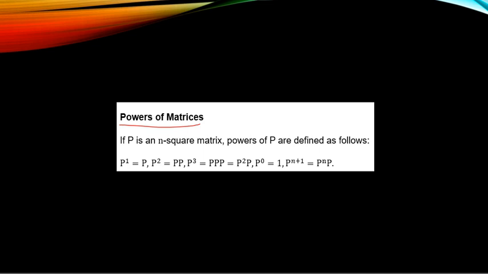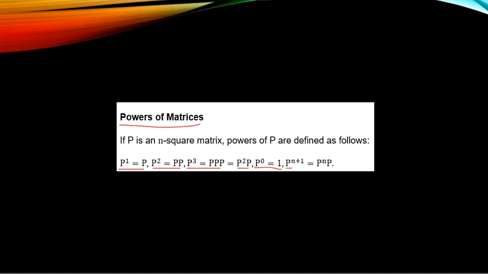So P power 1, any base number power 1 remains the same. P power 2, that is P squared, simply means multiply matrix P by itself. P cube is triple multiplication, or you can also use P squared times P. Then P power 0 is 1, because any base number power 0 is 1.